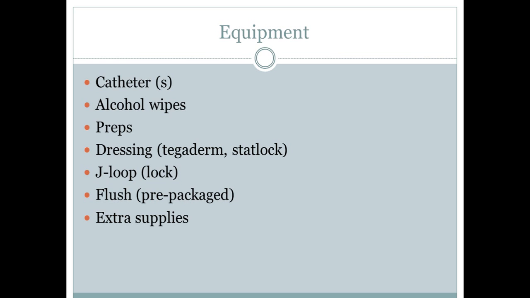Your J-loop or your lock, if that's going to be the case, your cap, if you're going to lock that off, as well as your flush. In the skills lab, we'll be walking you through, and you'll get hands-on experience with how to flush and have that hooked on there.